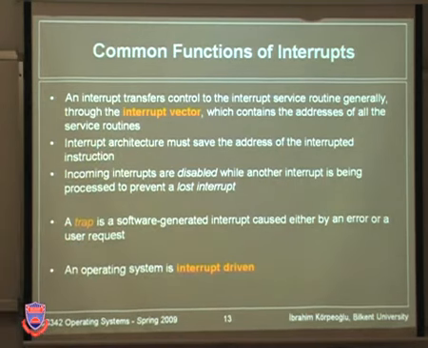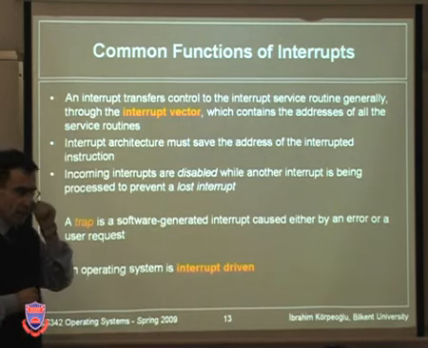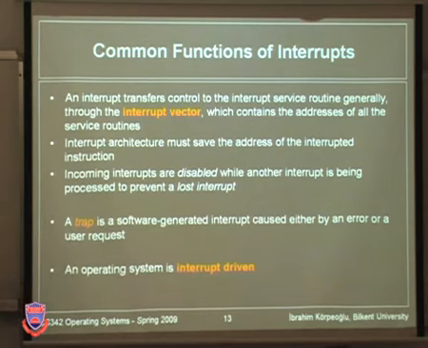Every interrupt has a number. That number is used as an index to that table, and there we find the address of the special routine that is part of the kernel and will handle the interrupt. Then that routine is run in the CPU.